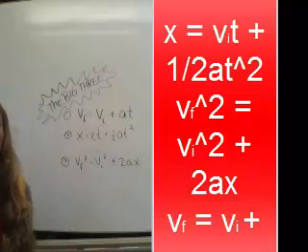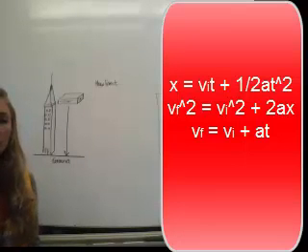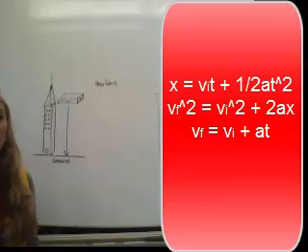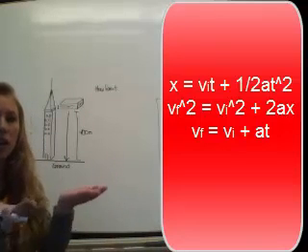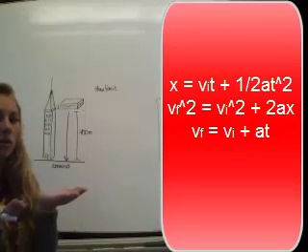Let's try another problem using one of the new equations. Now we're going to try a new problem using one of the new kinematics equations, or one of the Big Three. Let's pretend that we're doing the free fall lab off of a really tall building that's about 100 stories high. In fact, this building is about 400 meters tall. And we're going to start with the textbook in our hands, holding it at rest, which means its initial velocity is going to be 0.